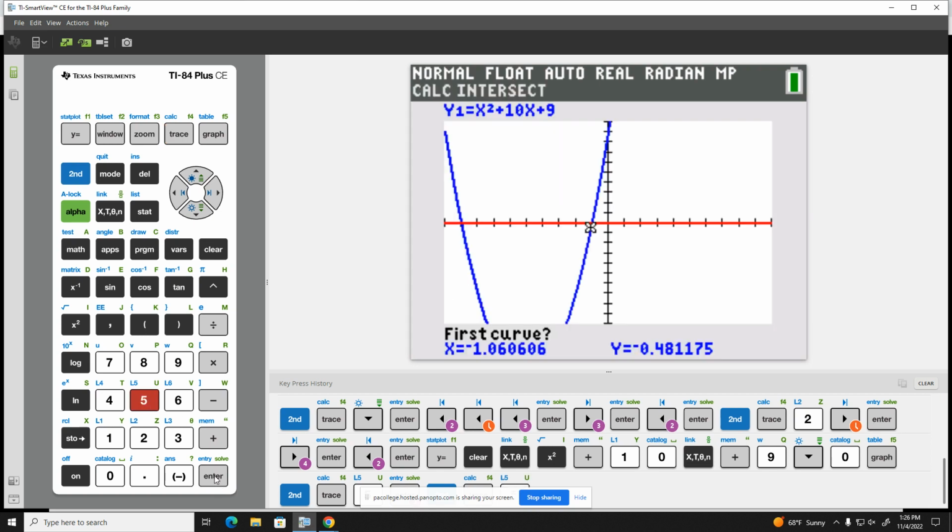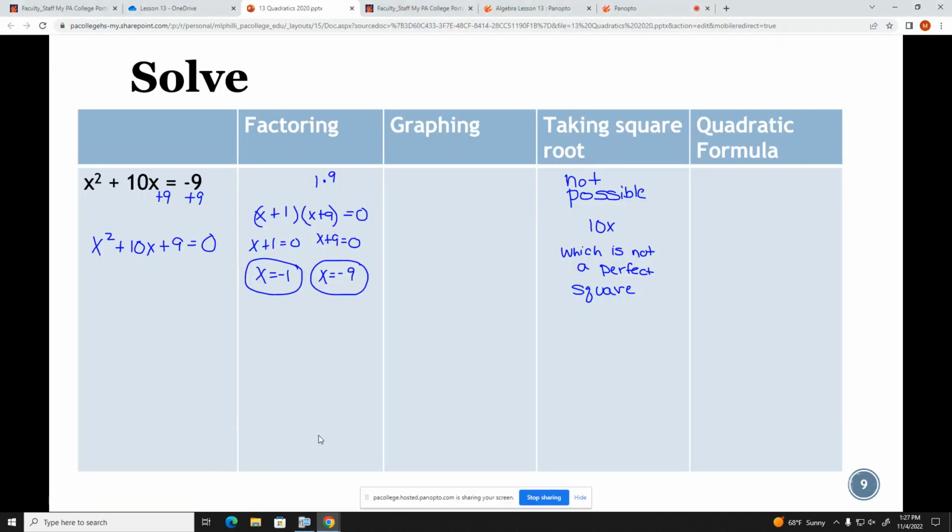Here I need to be a little bit more strategic, so I enter for first curve, enter for second curve. When it comes time to guess, I need to move my cursor to the second answer. Otherwise, the calculator will tell me the same answer again. And so again, I get the -9, the second answer I was expecting. So this time for graphing, the strategy that I used is I made my y1 my formula, x squared plus 10x plus 9.